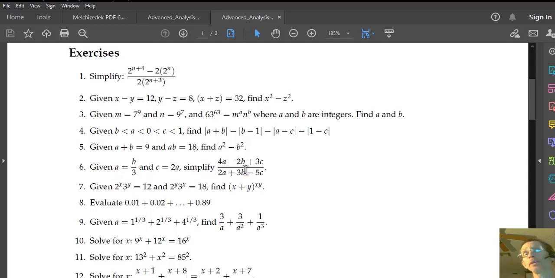So if we look at the different techniques that we've used in these problems, exponent rules have figured importantly. Difference of squares, that's something you should recognize. Substitution, and absolute value. All right? So we will be looking at these first 7 problems.